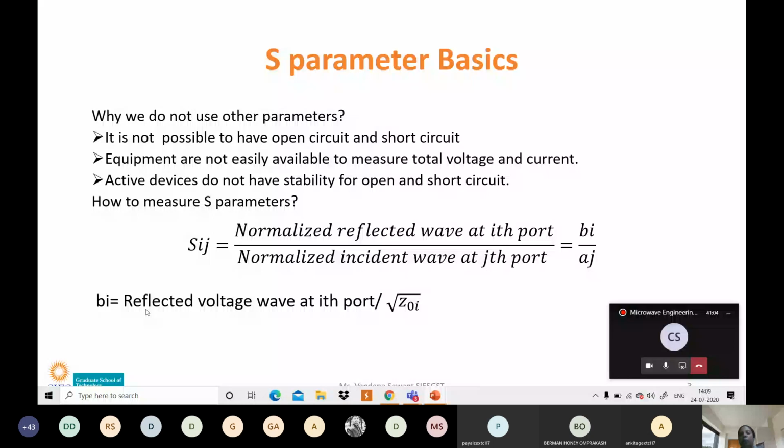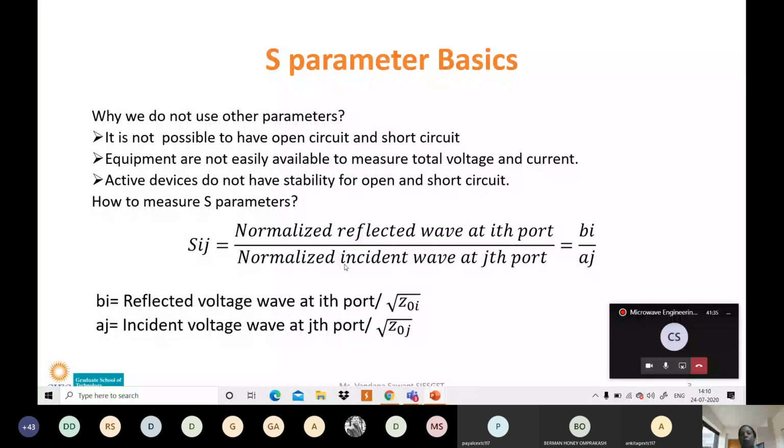As we solve the sums and go further, you will have a better understanding of the concept. Then Aj is the normalized incident voltage wave. How to calculate Aj? It is not possible to directly measure the normalized reflected wave or the normalized incident wave. Whatever the wave, it is measured in terms of voltage only.